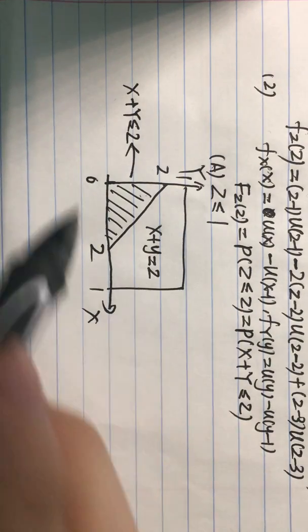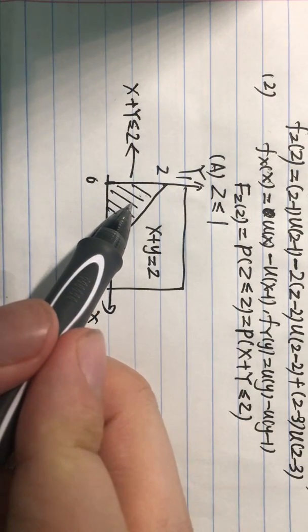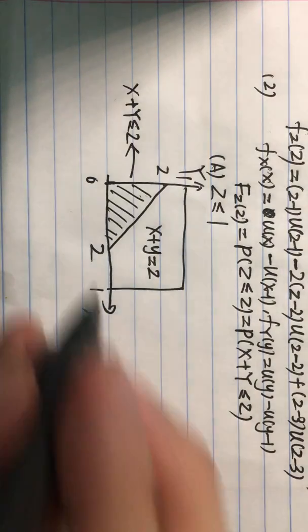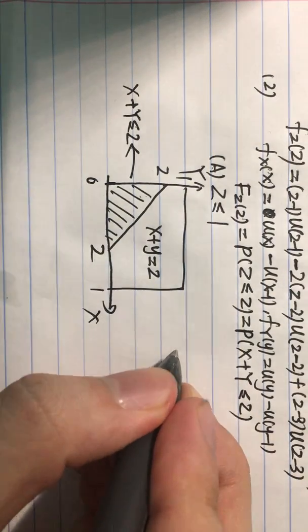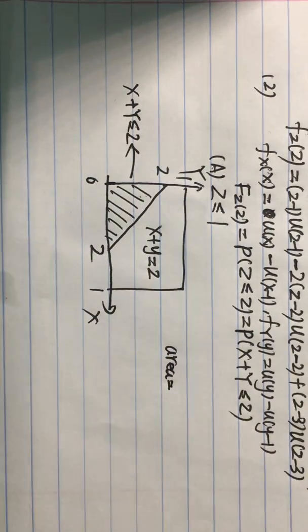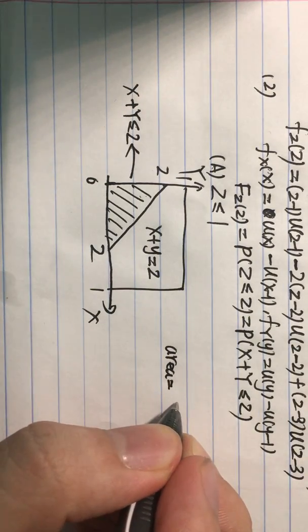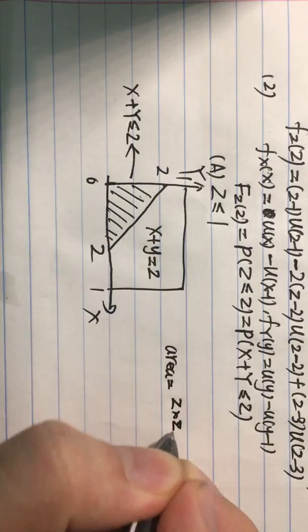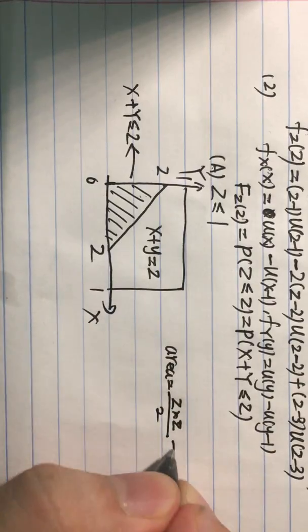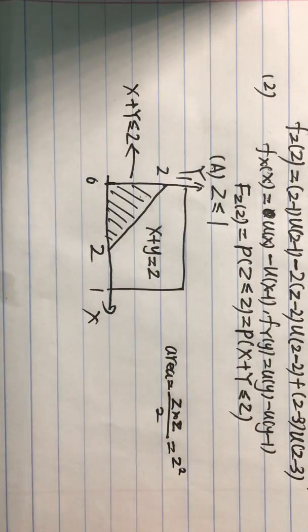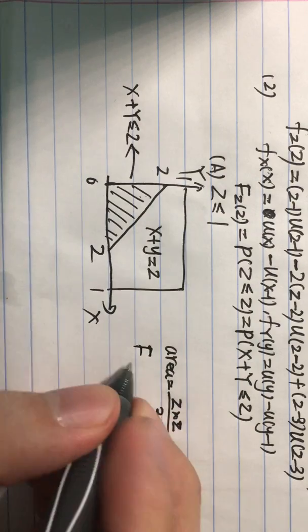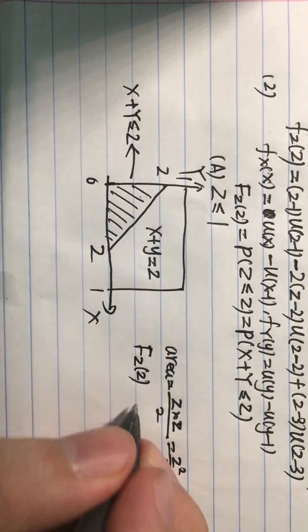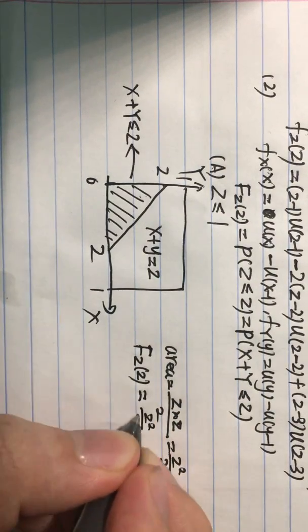Now we need to find the area of this region. It's a triangle, so it equals z times z over 2, which is z to the power 2 over 2. So the distribution function should be this.